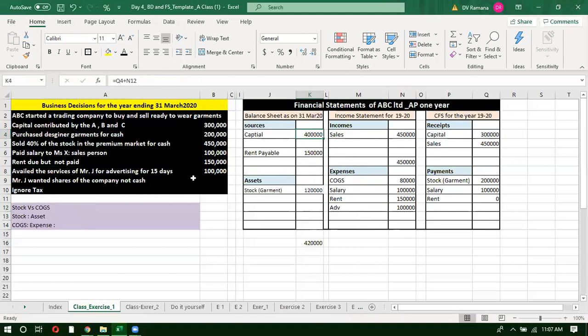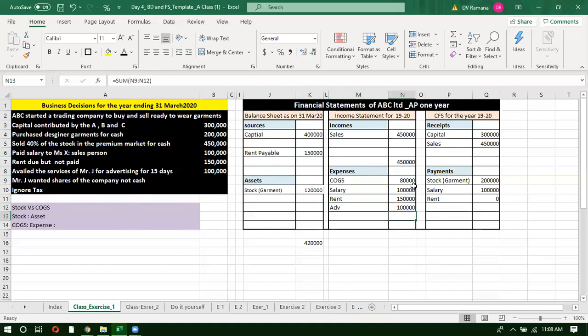So one expense has been paid immediately, the rent is to be payable later, advertisement is an expense, but no payment now, but immediately they have been given the shares of the company. So all the items have been transferred to the financial statements.